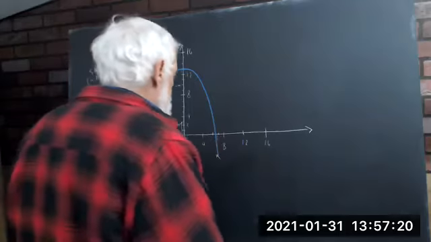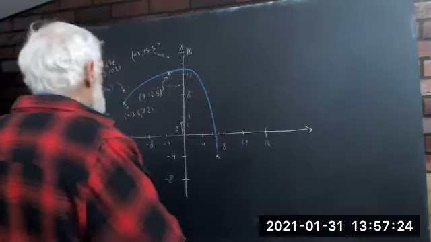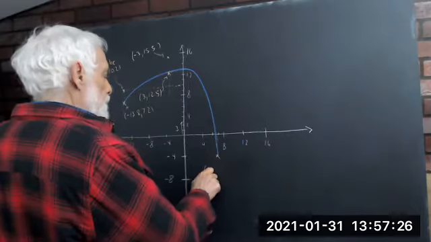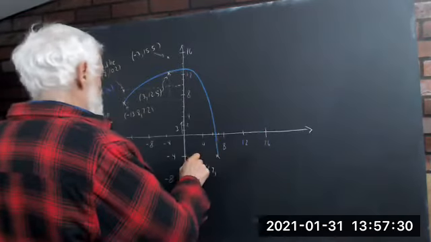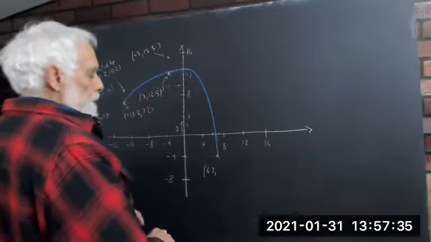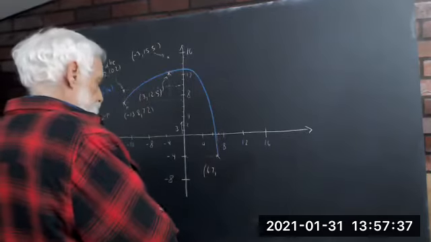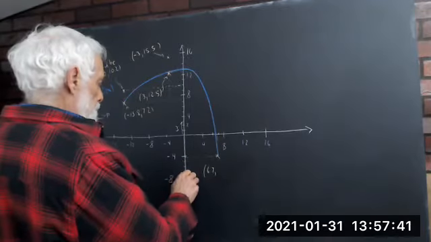So it looks like about 6.7. And for the y coordinate, here's negative 6, here's negative 5, here's negative 7.